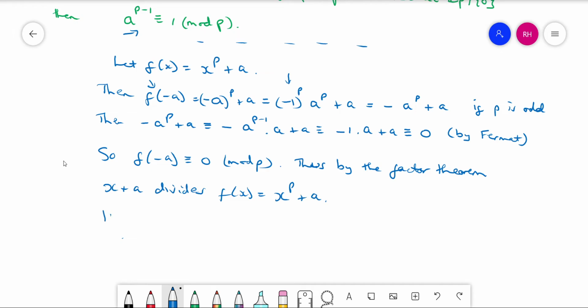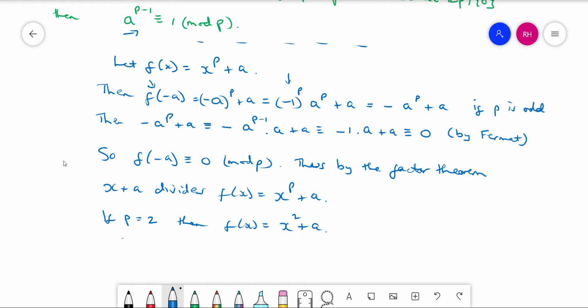And then I suppose we could say if p equals 2, so now it's not odd, then we have f(x) is equal to x squared plus a, and you can just go through the cases, I suppose.